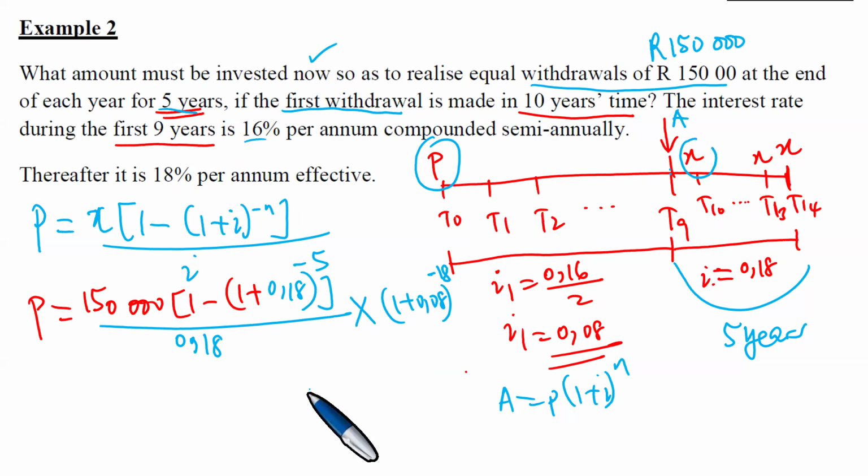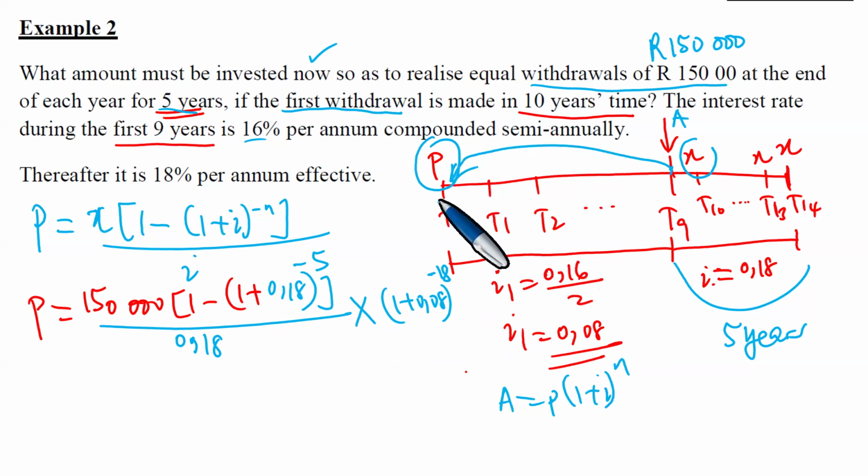Now here, for the 9 years, you say 9 years times 2, so that we have minus 18. So now you realize that this amount, for the first up to the 9 years, you take it back like this.